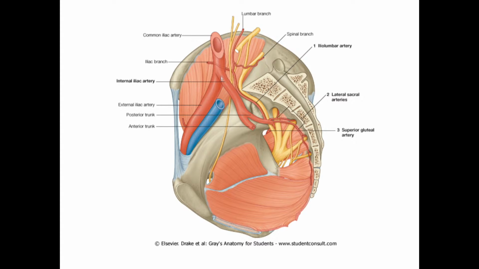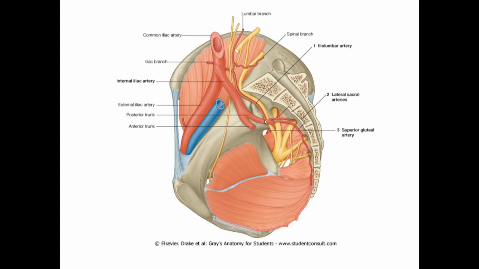iliac arteries, right? So once again, we have the common iliac arteries, divided into the external iliac artery and internal iliac artery. Then the internal iliac artery has two huge trunks: the anterior here, and the posterior, right?